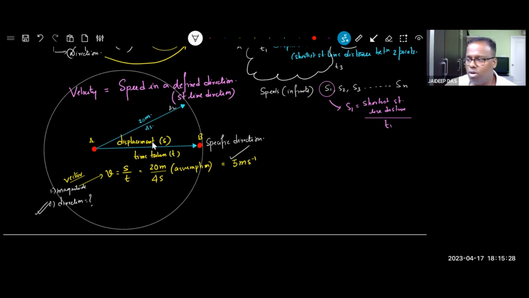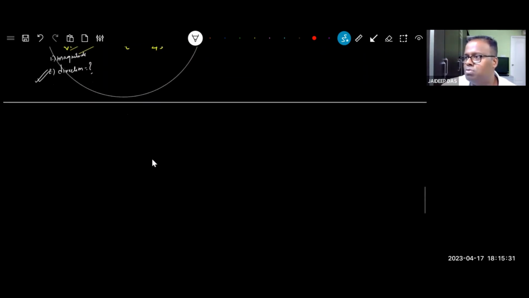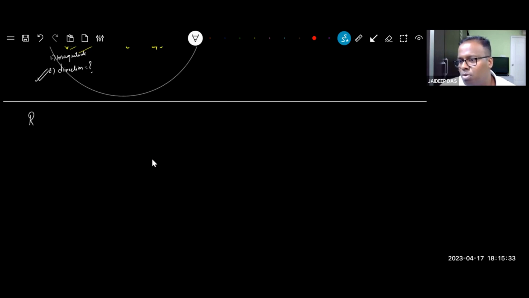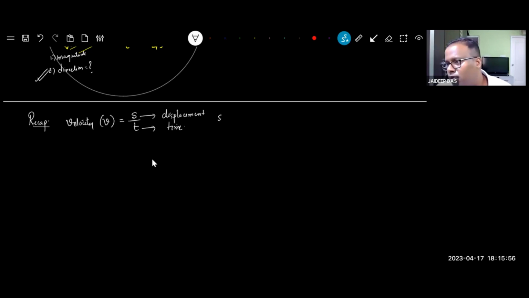So velocity, what all did we understand so far? Let us make a small recap on velocity. Velocity is denoted by the small v letter, and it is expressed as S over T, where S stands for displacement. Mind you, displacement. T stands for time. If we go by SI units, then the unit for velocity should be meter per second.